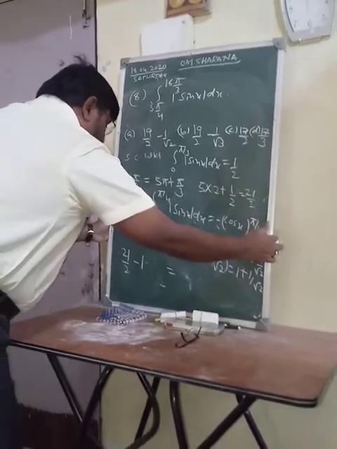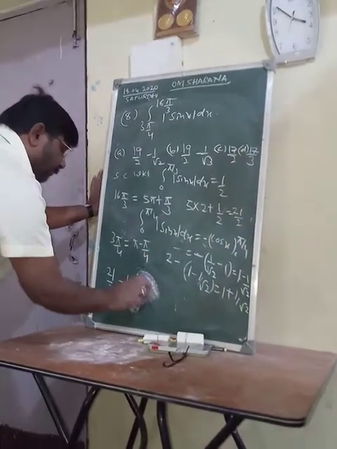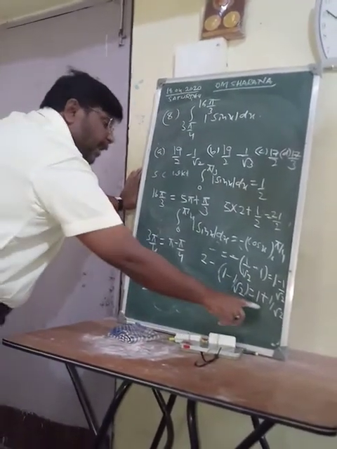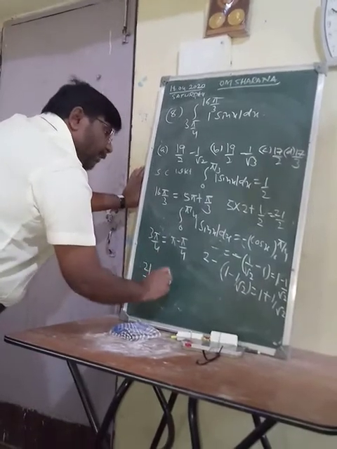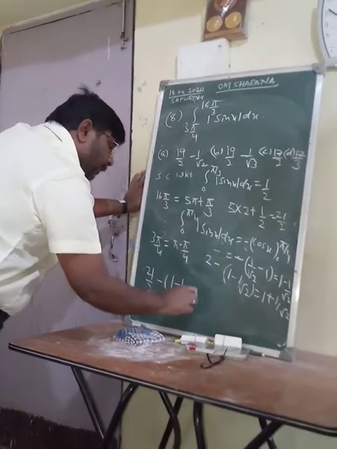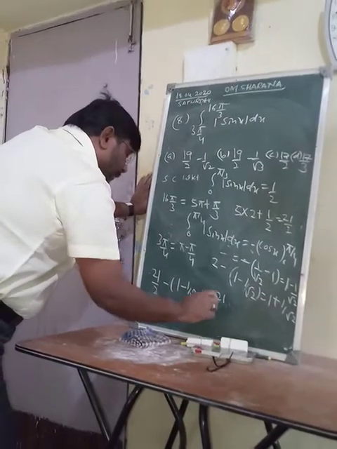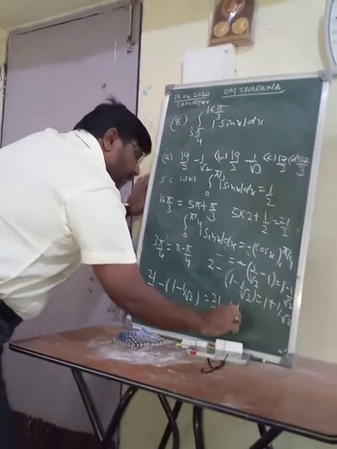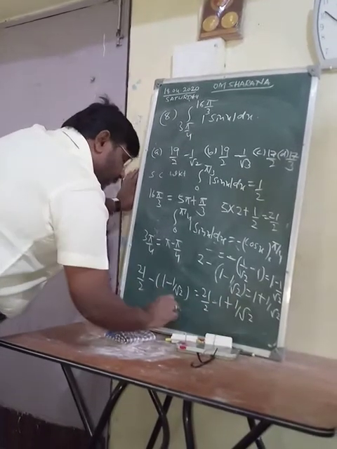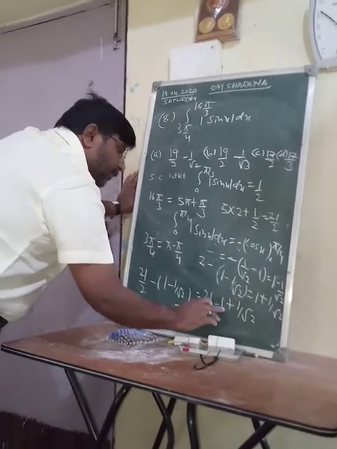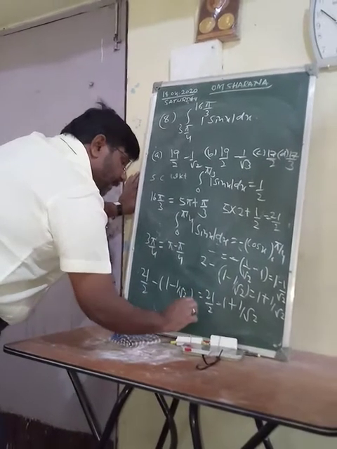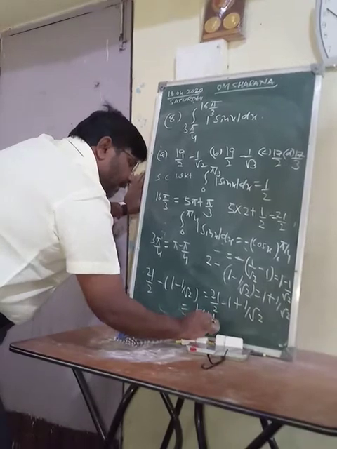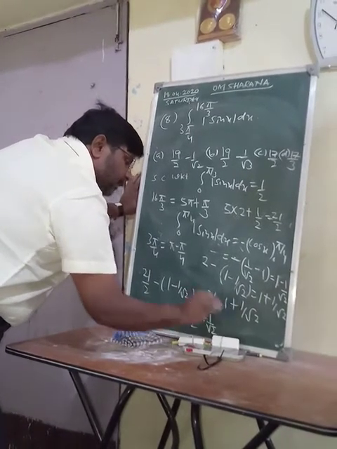So it is 21 by 2 minus of 1 plus 1 by root 2. 2 minus 1 is minus 2, 21 minus 2 is 19. 19 by 2 plus 1 by root 2.